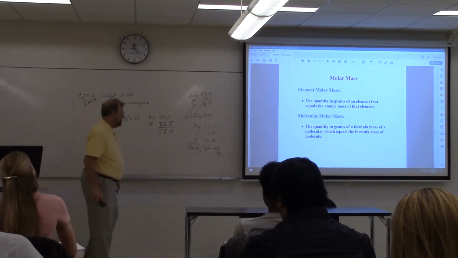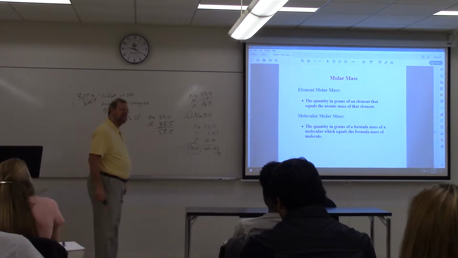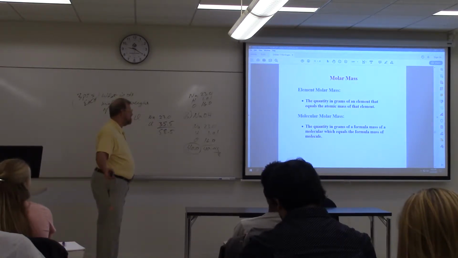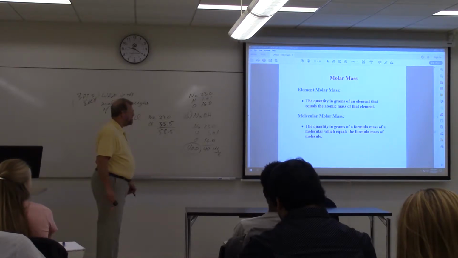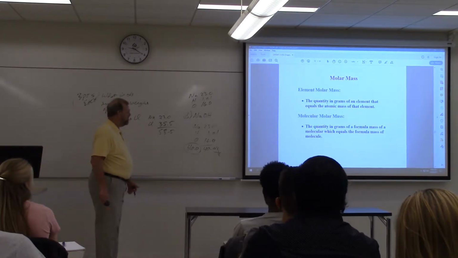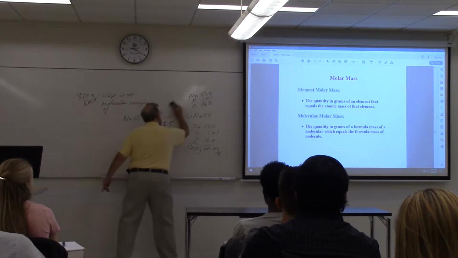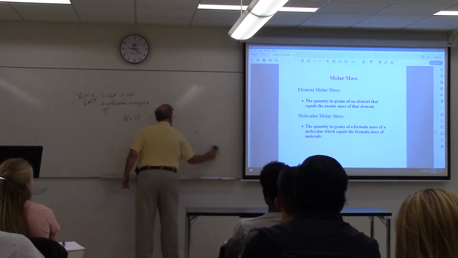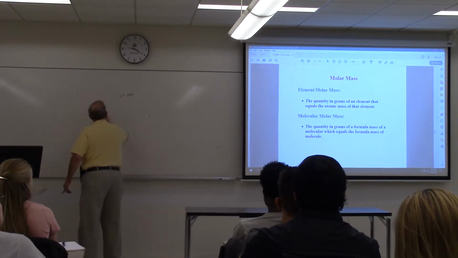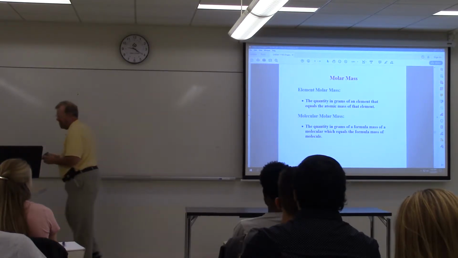That's one statement, that's for elements. For compounds, the molecular molar mass, the quantity in grams of a formula mass or molecular weight of a molecule equals the formula mass. Now that's from your book. Let's make sense of that. I think I might have it on the next slide.